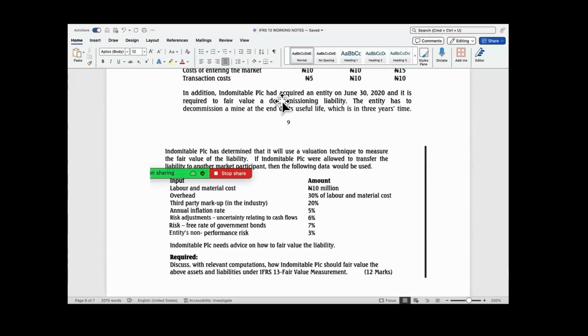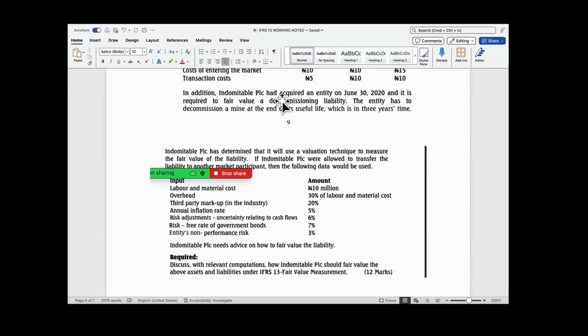If you remember IAS 16 and also IAS 37, speaking about the estimate of dismantling, removal, and restoring a site on which the asset was initially located. And such future costs we usually include as part of the cost of the asset, and also we make provision for it today.